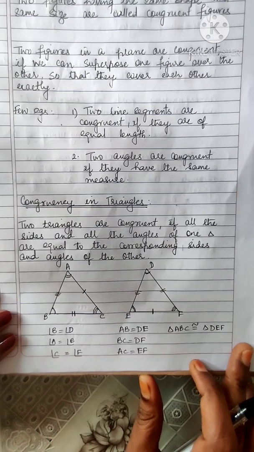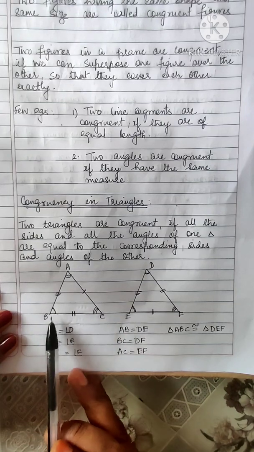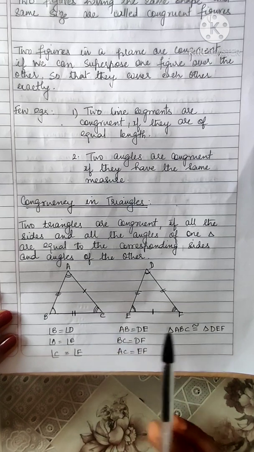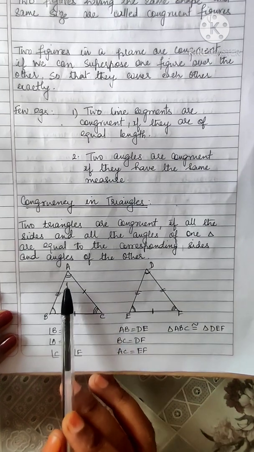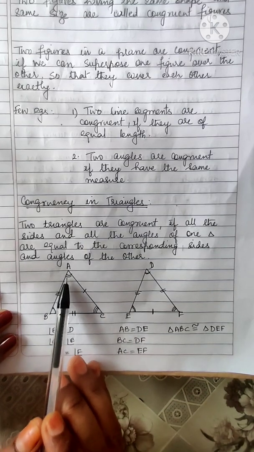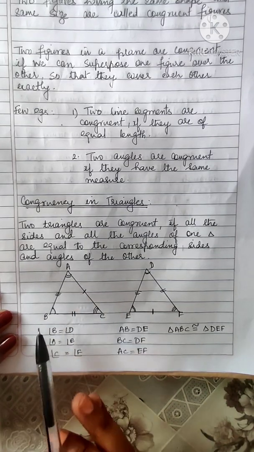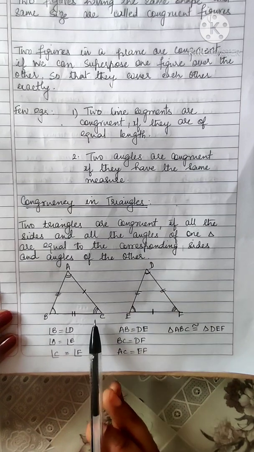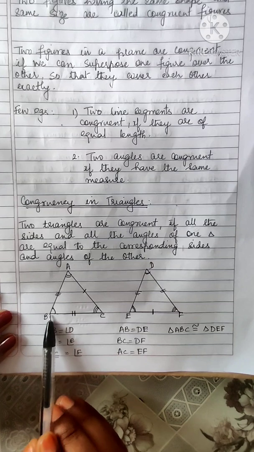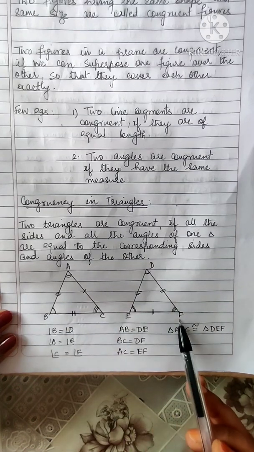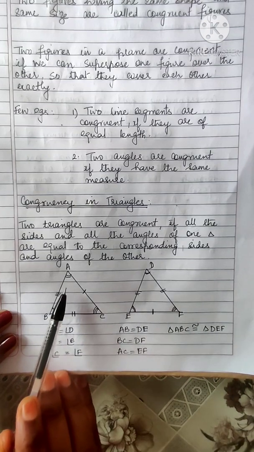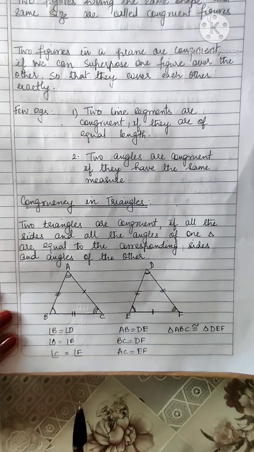And it is already marked that angle B is equal to angle D and angle C is equal to angle F, angle A is equal to angle E. See, this marking tells that A is equal to E, B is equal to D and C is equal to F. Similarly, the sides BC is equal to DF, AB is equal to DE and AC is equal to EF.